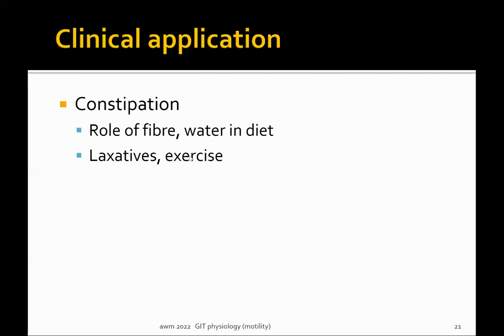And when you stop using the medication, the normal physiological stimuli, for example the distension of the wall, will not be enough to trigger you to go to the toilet.